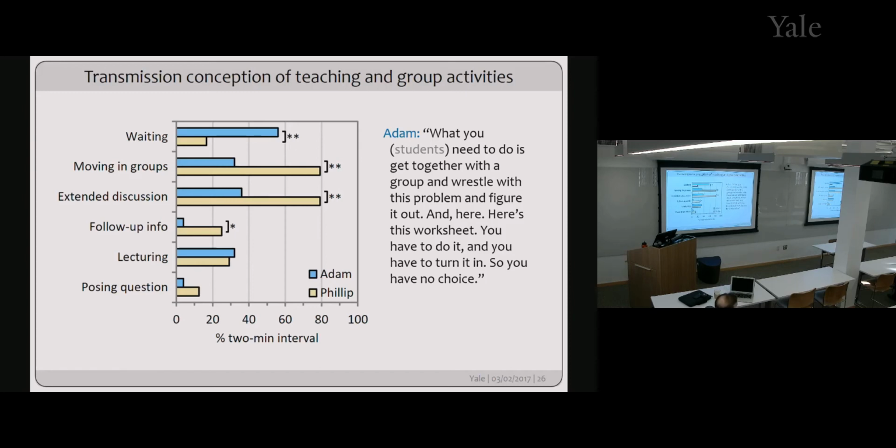Instead of giving a 50-minute lecture, it takes 5 minutes to give out the handouts and then they do their own thing and I can check my email at the podium and various sorts of things like that. And so this is very consistent with the transmission conception, even though Adam has changed the approach of how he transmits the information.